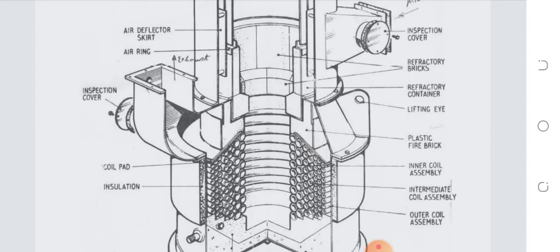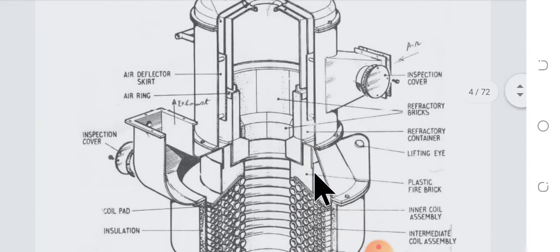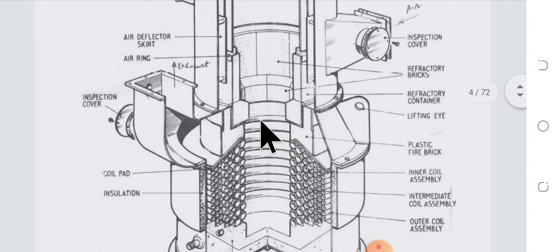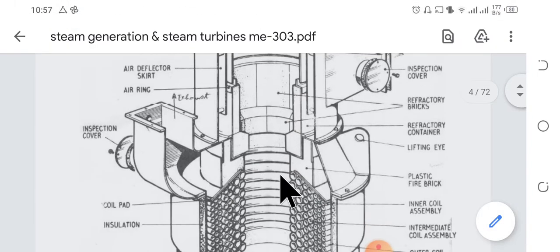You can assume that it is a counterflow heat exchanger, meaning the exhaust gases come in this direction and the water comes in this outer pipe, so they are opposite in direction to give maximum heat efficiency. Cross flow and counter flow heat exchange are better than parallel flow. Anyway, this is the section view which I have described.